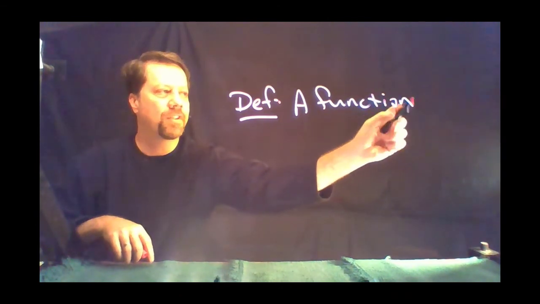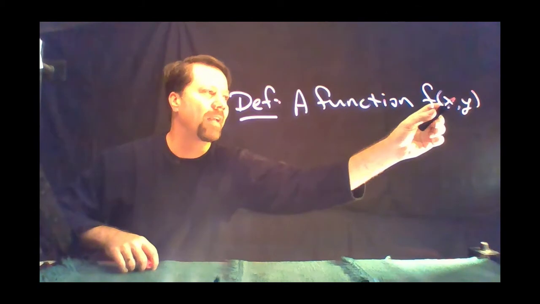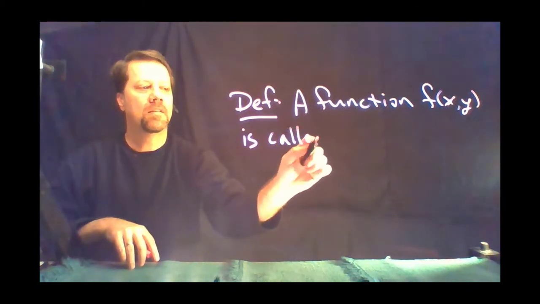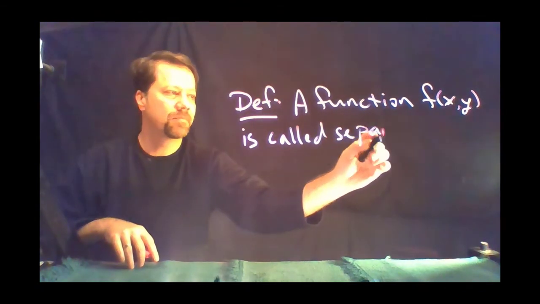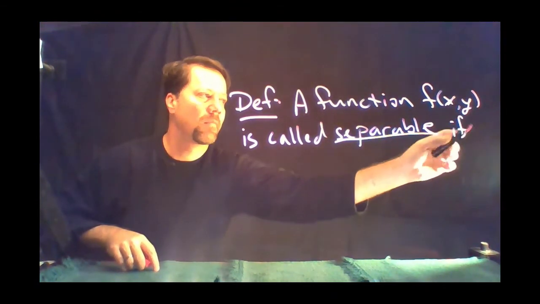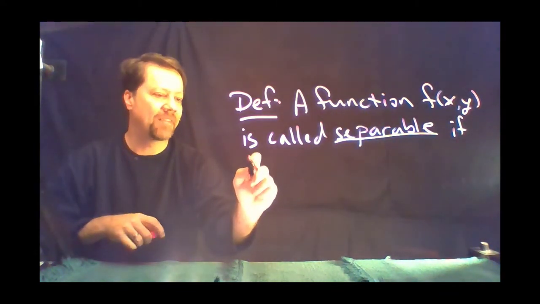A function of two variables, let's say x and y, is called separable if it can be decomposed in the following way.